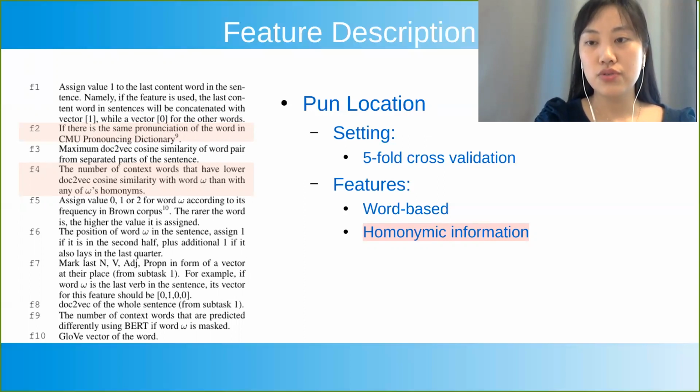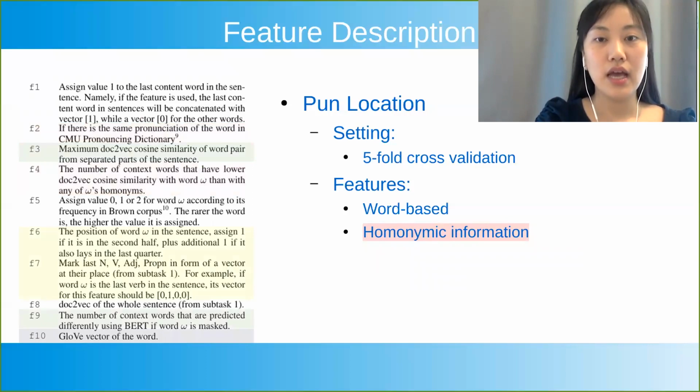That's feature 2, same pronunciation, and feature 4, comparison of the similarity of a word and its homonyms to the content words for heterographic puns. From the ablation test, we found that both feature 6, position of the word, and feature 7, part of speech tag, lead to a significant increment in the result.